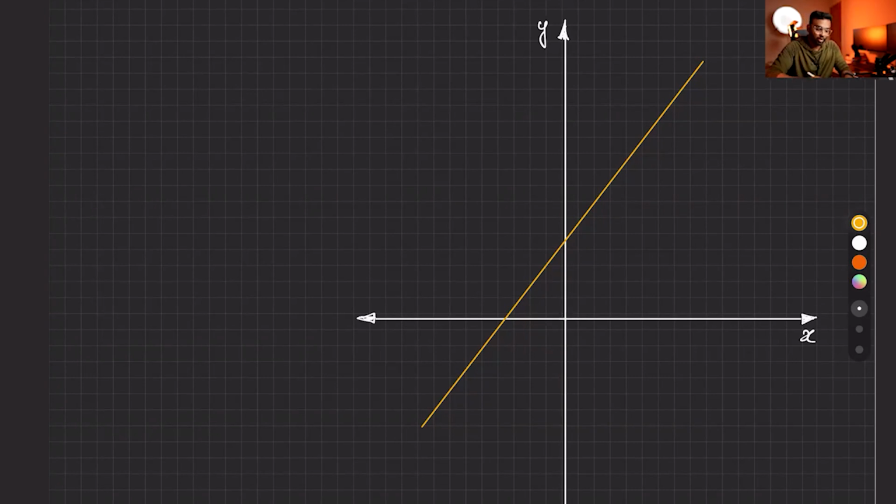We also worked out how to look at the gradient, the rise over the run. Do you guys remember that? And we also looked at the y-axis intercept, the c value. Do you guys remember that?